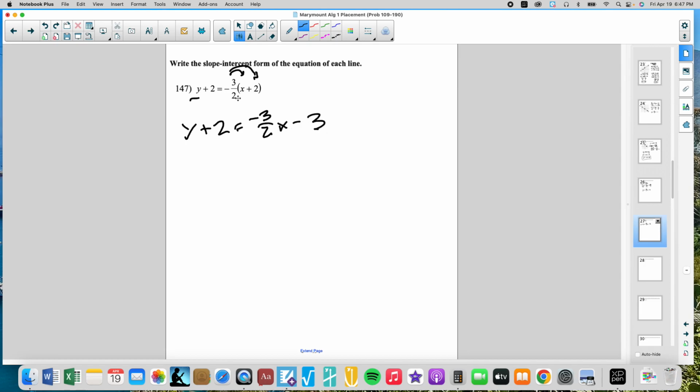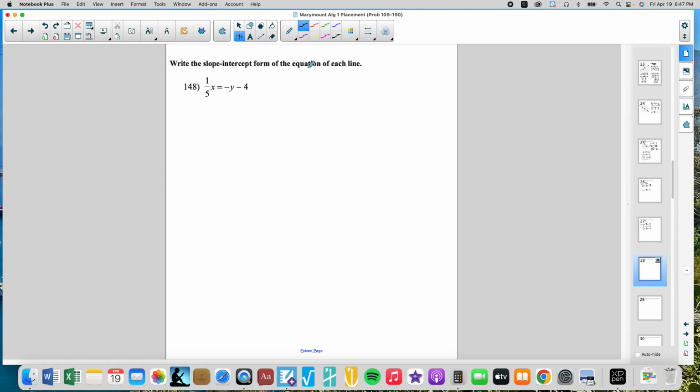Negative 3/2 times 2: the 2 in the numerator cancels with the 2 in the denominator, leaving us with the negative 3. And then minus 2. And we have isolated our variable to put it in slope-intercept form. Yeah, it's a nice one.